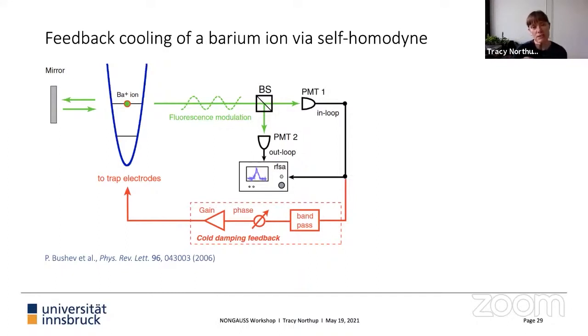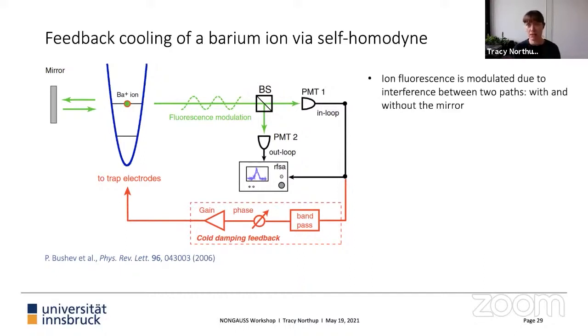So the fluorescence that's collected in these 2 photomultiplier tubes that are illustrated is coming either directly from the ion, or from the ion but reflected first off a mirror. So there's interference between these two paths with and without the mirror, and that means that the motion of the particle is going to modulate this.